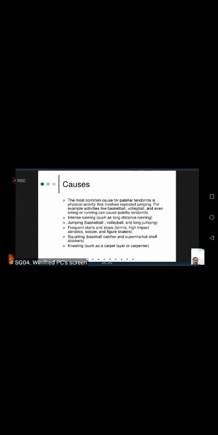the patellar tendinitis. Other activities which require long distance running, where they have to run for several meters or kilometers, like marathon runners. Intense running will also further lead to tendinitis.